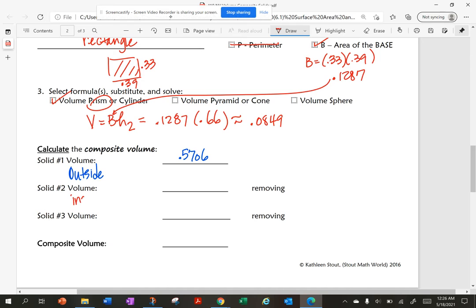My inside volumes, these two are the same thing. They're the same volume. So I'm going to subtract 0.0849 twice.